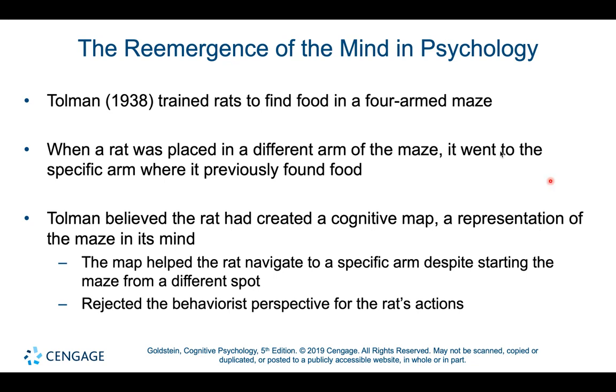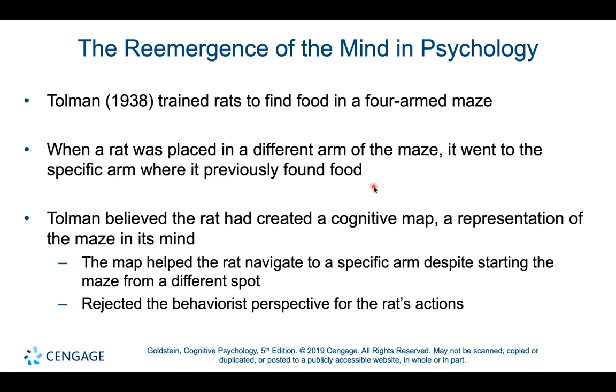So Tolman trained rats to find food in a maze. And what he found is that no matter where he put the rat, it went to the specific arm where it had previously found food. So I want you to think about a maze that's basically a plus sign, right? We have a vertical piece of the maze, and we have a horizontal piece of the maze.